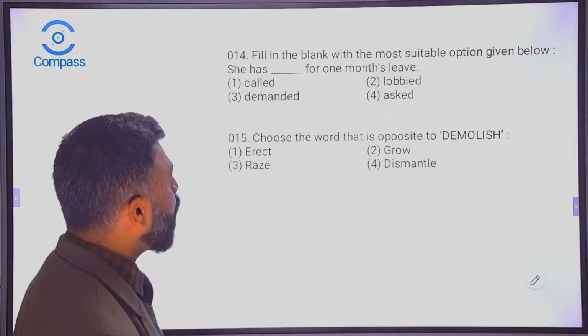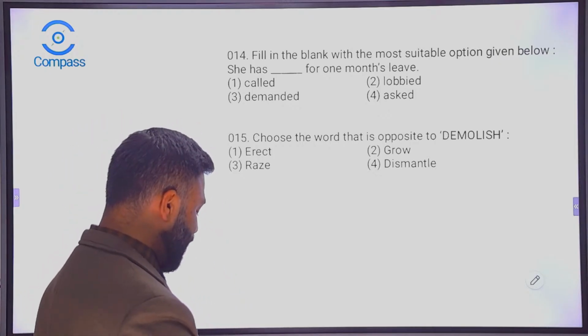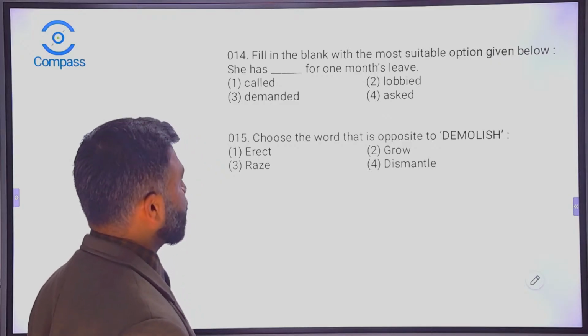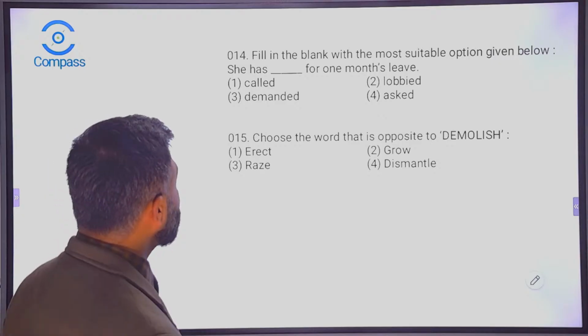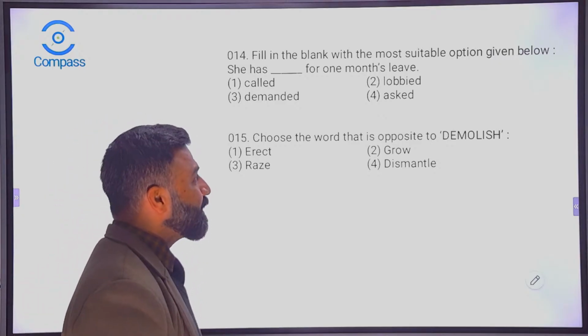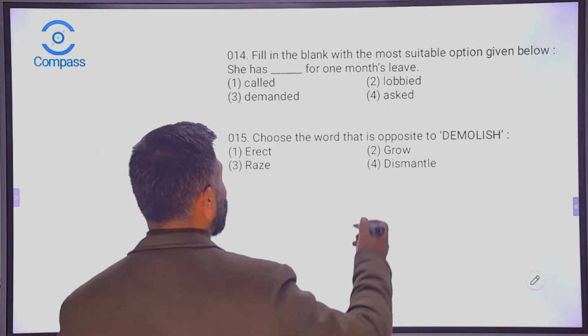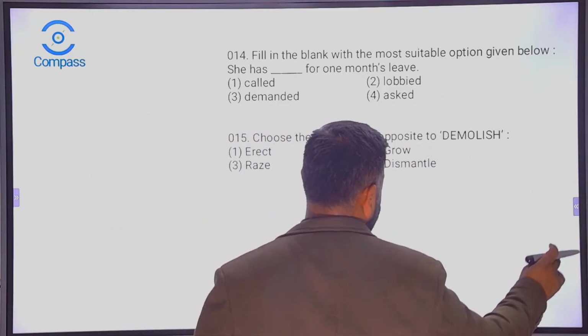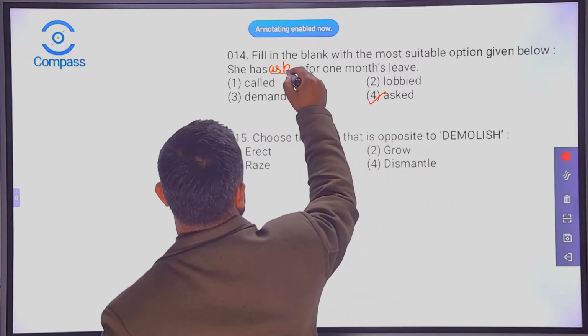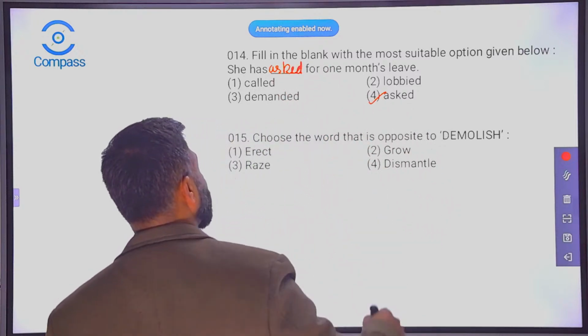What about lobbied? Okay, what does it say? Lobbied doesn't make any sense. She has called. No, you cannot call a month's leave, right? But definitely it has to be asked. Okay, has to be asked. So let's write down here. She has asked for 1 month's leave.